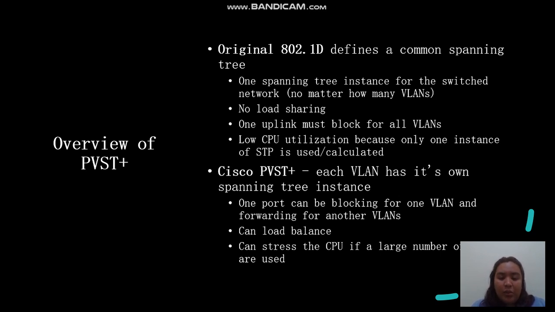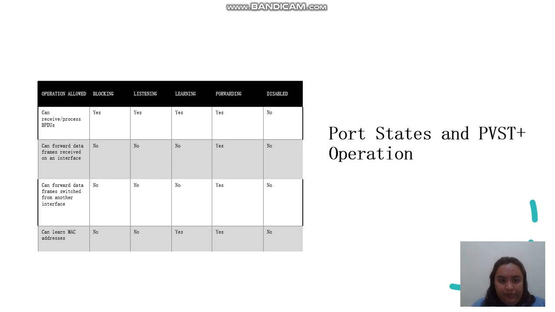Cisco PVST Plus, each VLAN has its own spanning tree instance. One port can be blocking for one VLAN and forwarding for another VLAN. It can also load balance, but can stress the CPU if a larger number is being used.